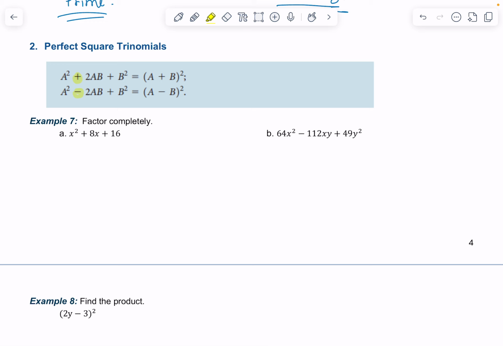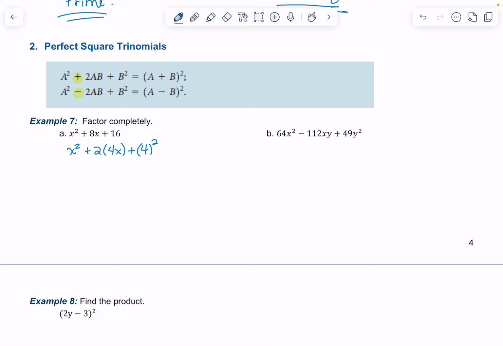So here, what I'm looking at really is I have an x squared plus 2 times 4x plus 4 squared. And you can kind of see that my a is x, my b is 4, and I've got 2 times 4 and x there.